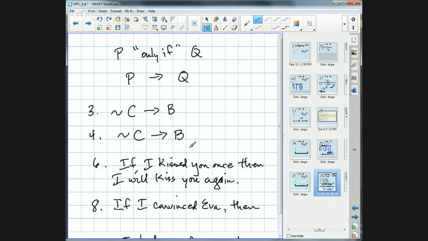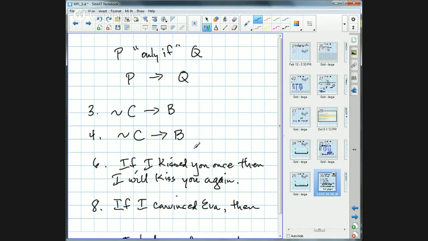Sufficient is sufficient for Q. The sufficient is the first one, necessary is the second one. So in number 4, when it says having no cavities is a sufficient condition, that means the no cavities goes in the beginning of the if-then.